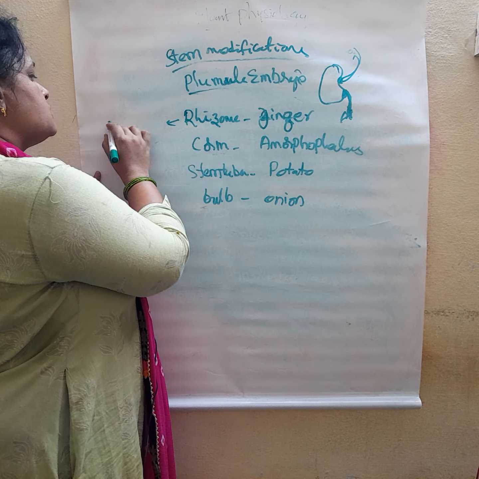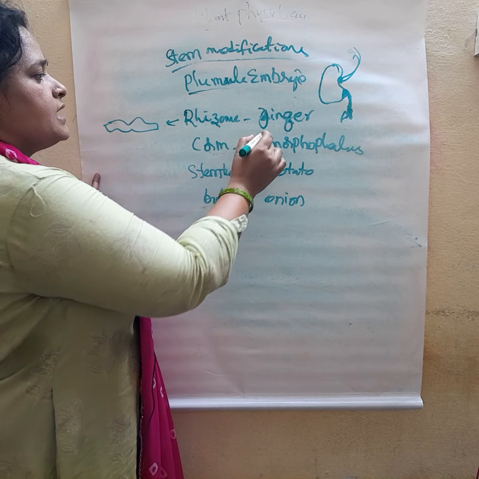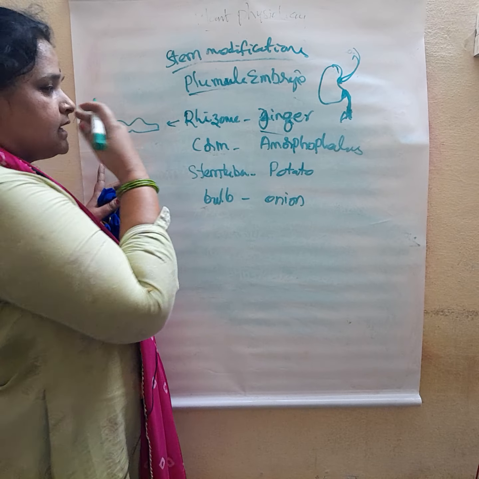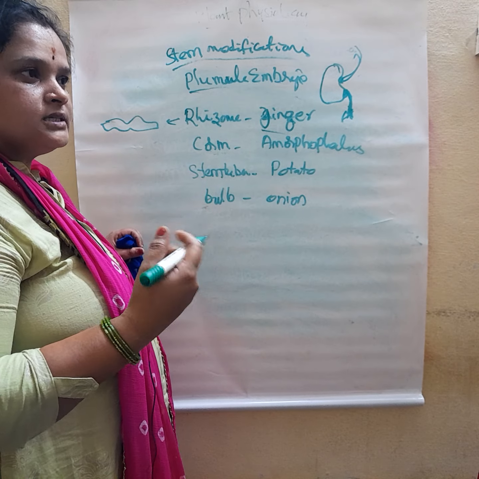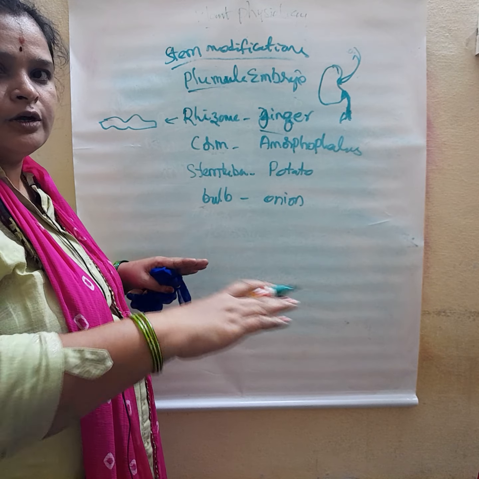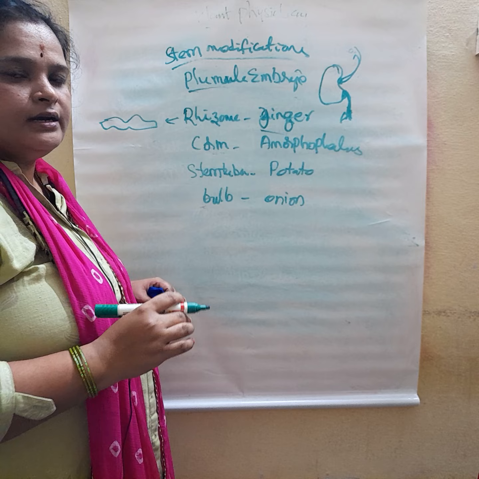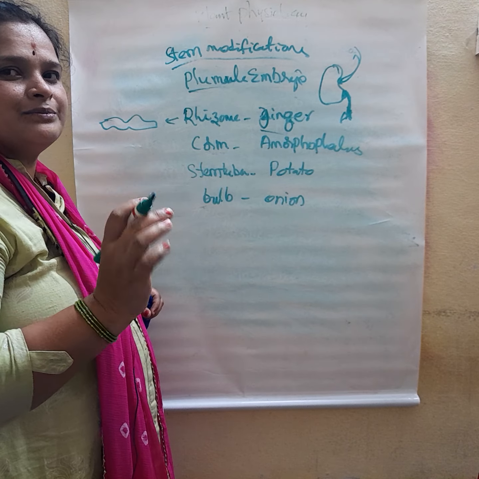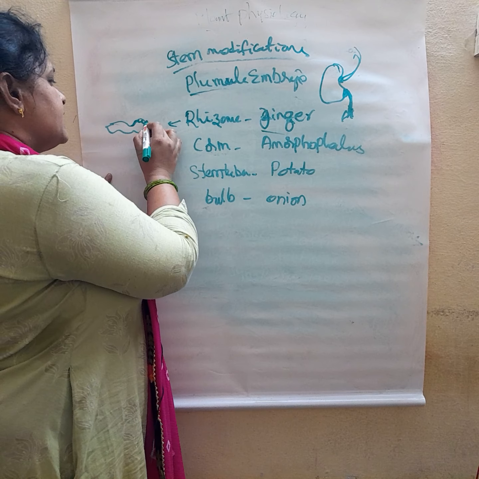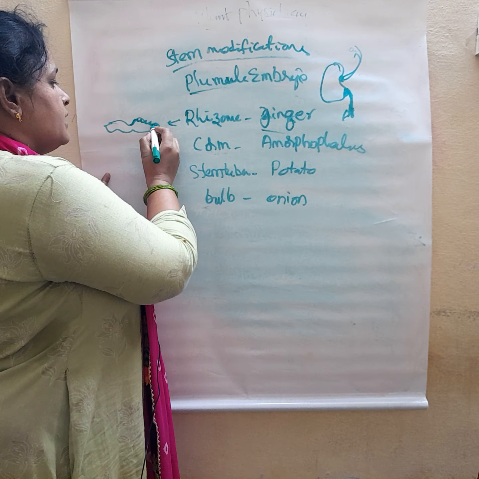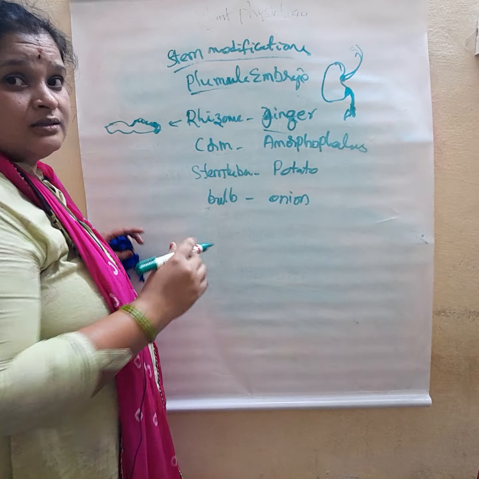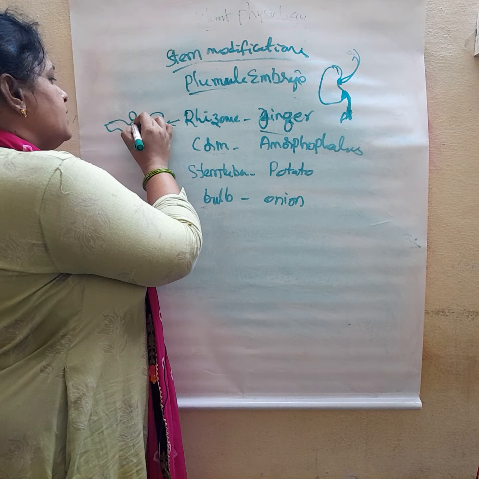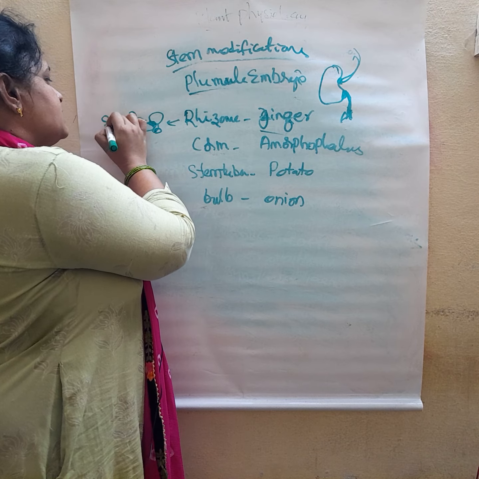Usually the rhizome grows horizontally in the soil. An example is ginger, growing horizontally in the soil, and the leaves are reduced. Actually a stem bears leaves, but here the stem is underground and creeps on the ground horizontally. So the leaves are reduced to scale leaves, and it forms buds. That bud may develop into a new plant, and it extends like that.